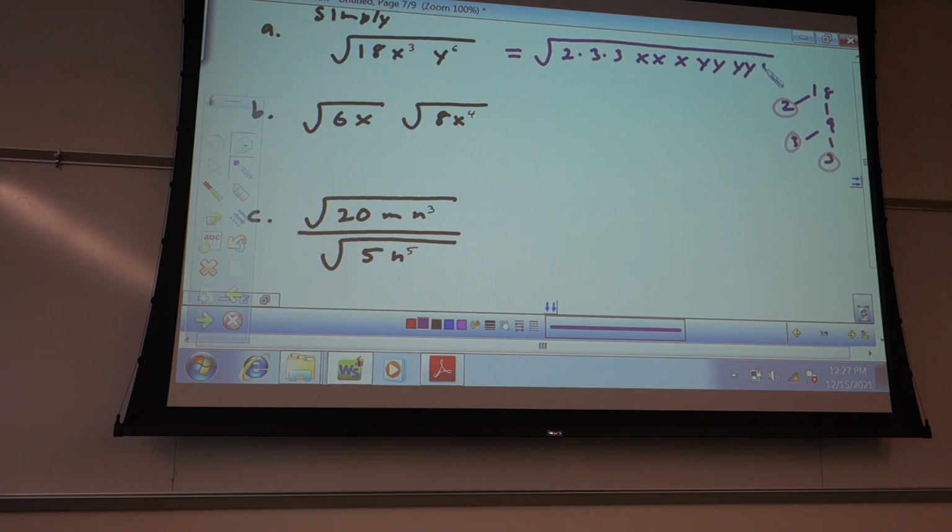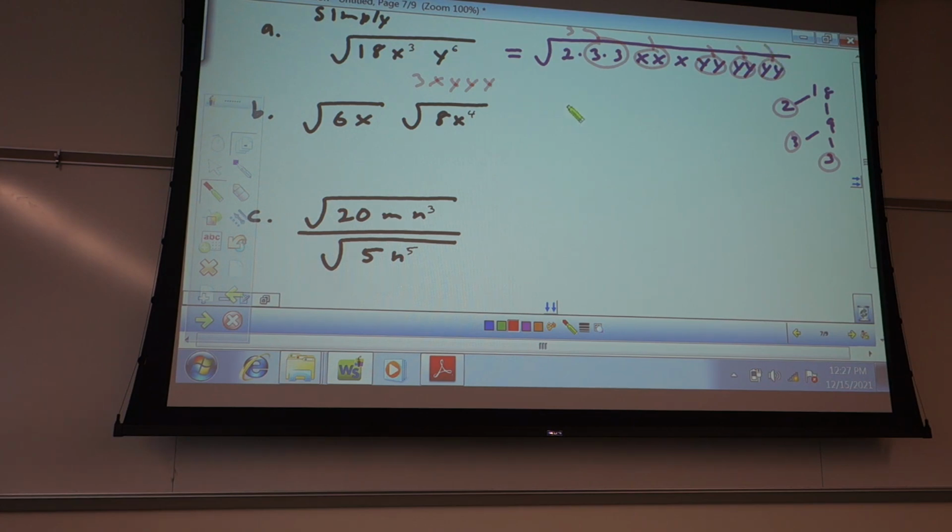And I know I'm going to pull them out in pairs, so I group them in pairs. All right, so what can I pull out? I can pull a 3 out, so I get one of those out. I can pull an x out, pull a y out, pull out another y, another y.